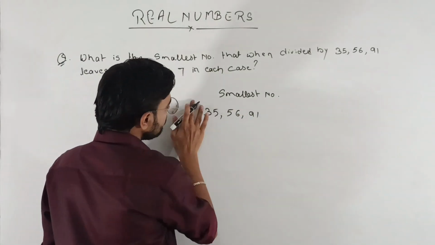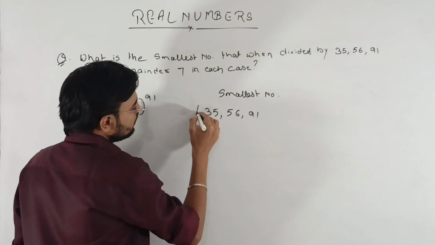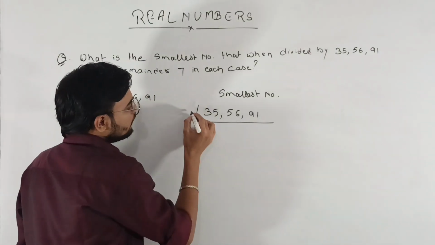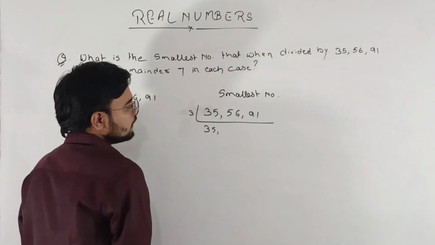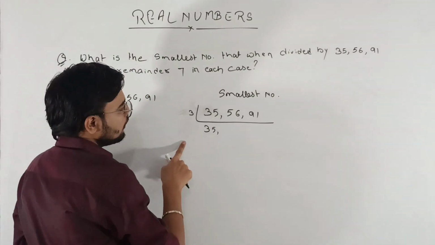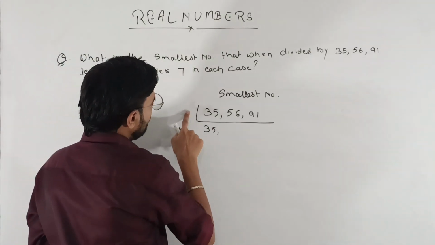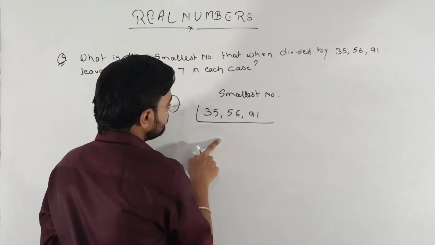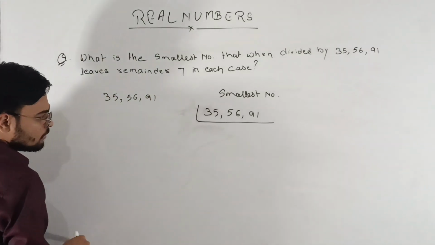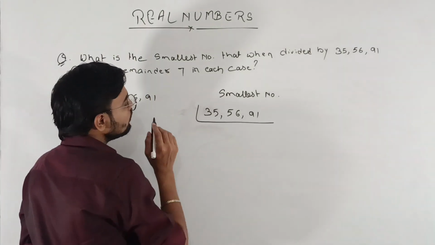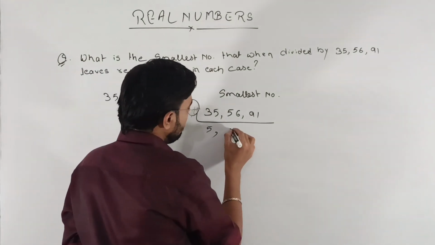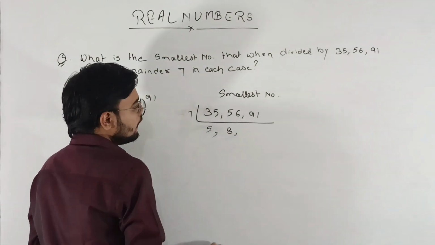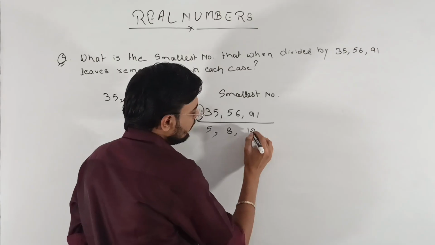Okay. Now this is cancelled by 3... no, this is not cancelled by 3. First we cancel by 7. 7 times 5 is 35, 7 times 8 is 56, and 7 times 13 is 91.